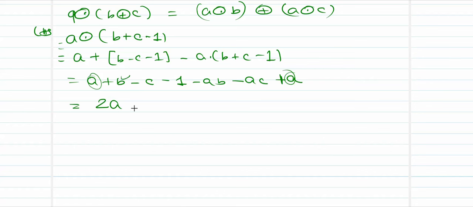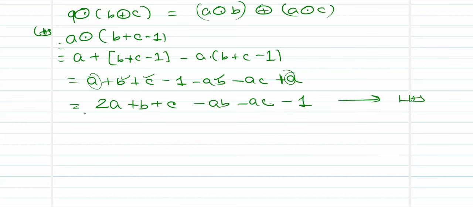There is going to be a plus B, and a plus C over here, B plus C, and then I have minus AB, and I have minus AC, and then I have minus 1. So let me mark this as my LHS.